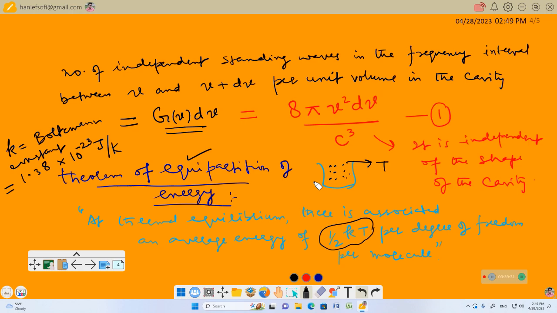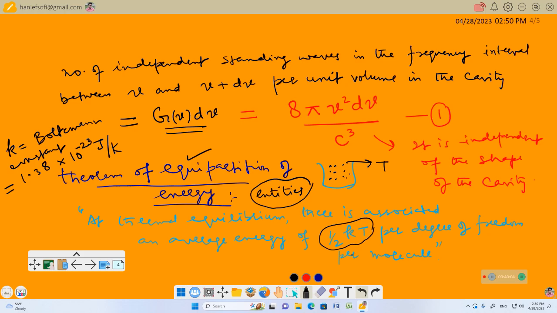So, in general, we say if there is a collection of entities at thermal equilibrium T, then per degree of freedom there will be half kT energy per entity associated. Those entities can be molecules, those can be the standing waves in the cavity, or they can be a mixture of radiation and matter, right?